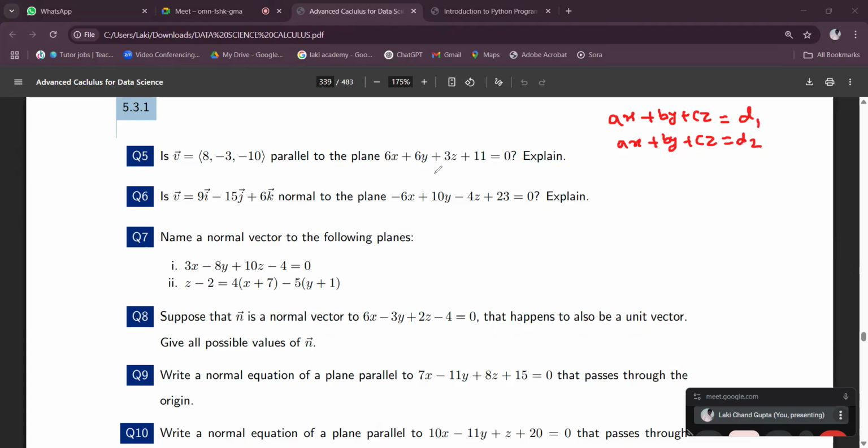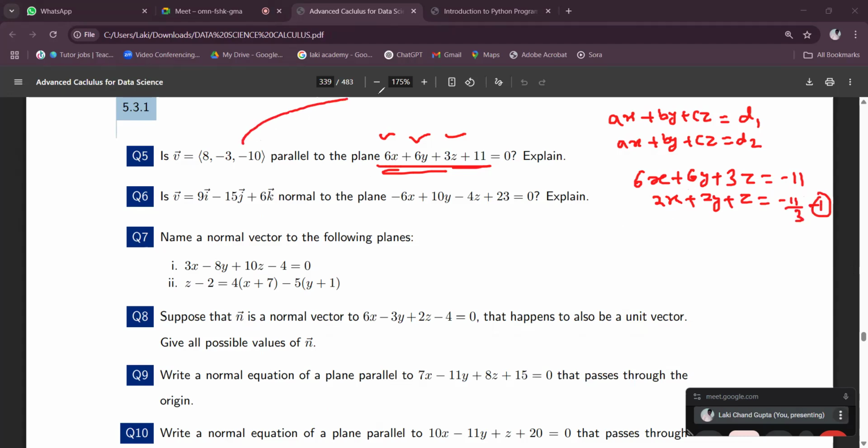Okay. You can check here. Here 6, 6, 3. 6x + 6y + 3z is equal to minus 11, right? When you take 3 common, you will get 2x + 2y + z is equal to minus 11 over 3. This is your first equation.